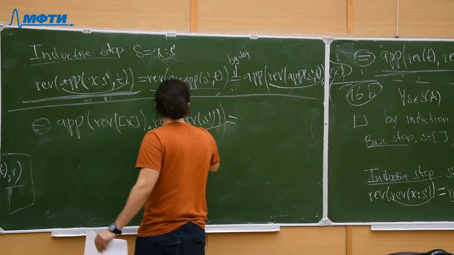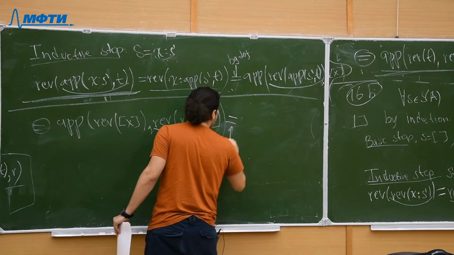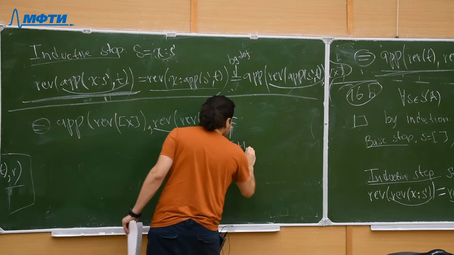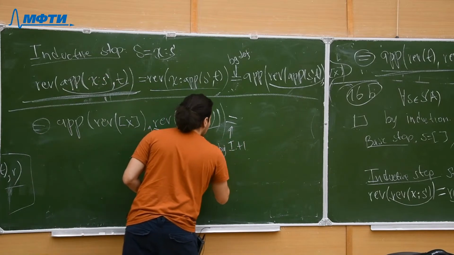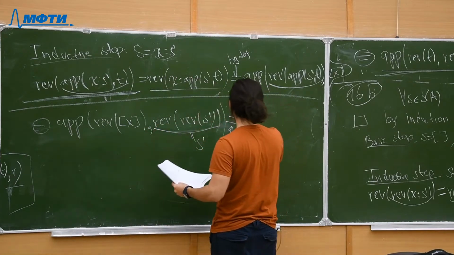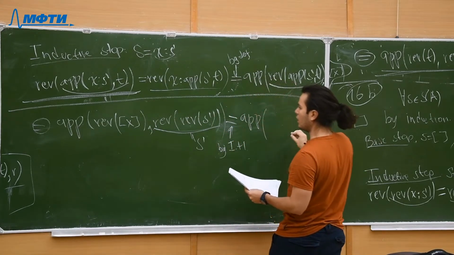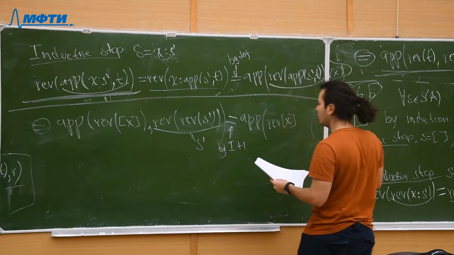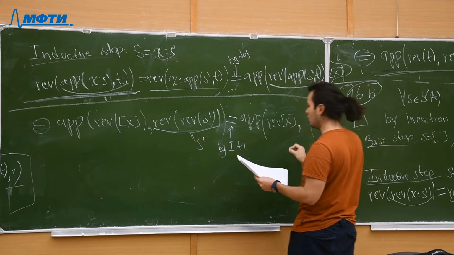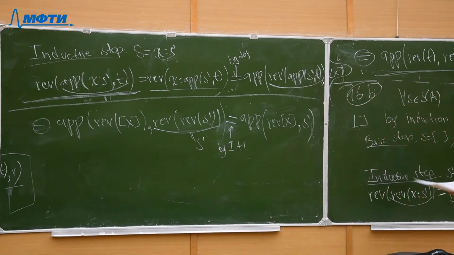So this is equal to s prime, so then let's write here, by the inductive hypothesis. Right. This is equal to the concatenation of the reverse of x and s prime. Yes?